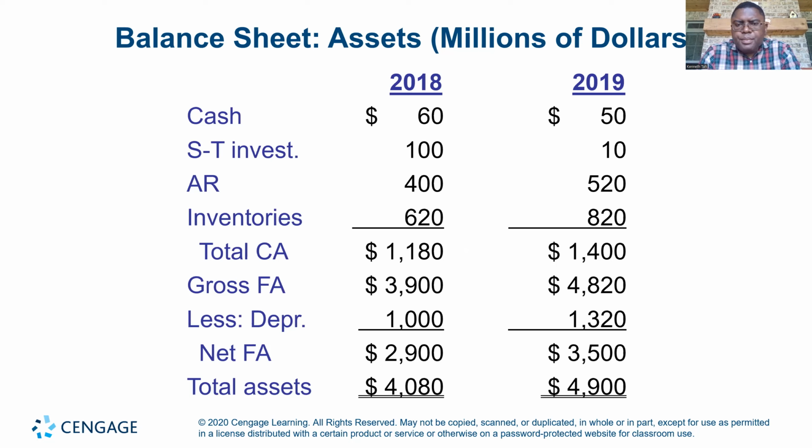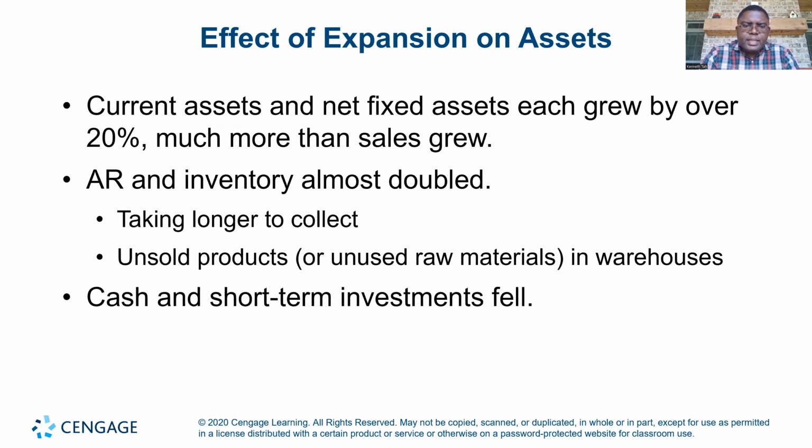Cash and short-term investment falls. So this is some of the things that are driving total asset. What we find for this company is that total asset has increased as the company moved from 2018 to 2019. So this is the things we are discussing, the effect of the expansion on asset.